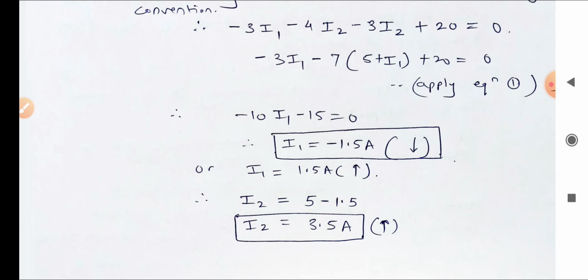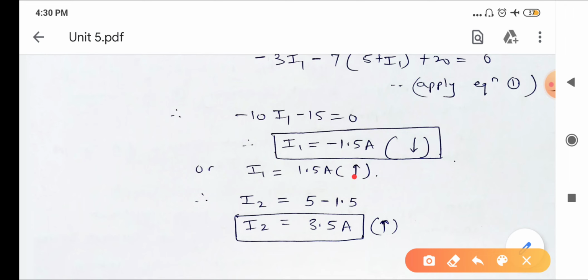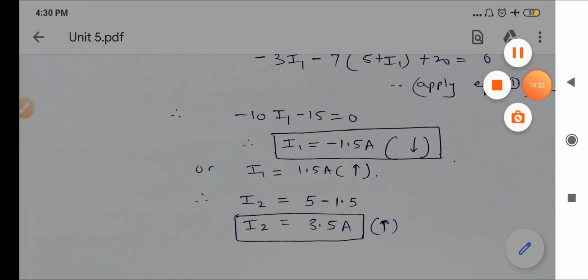So here I1 I can write as 1.5 ampere and in brackets the direction of the current, which will now be upward. Now by putting that value in equation 1, I can get the value of I2 also. But just remember, while writing the final values of I1 and I2, you have to write the direction in brackets. It is compulsory.